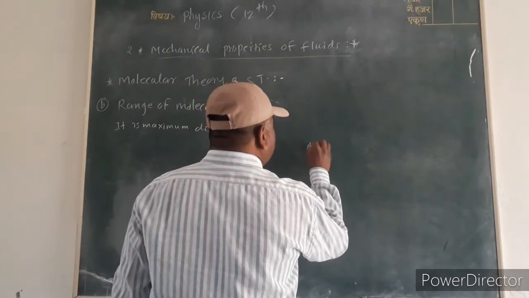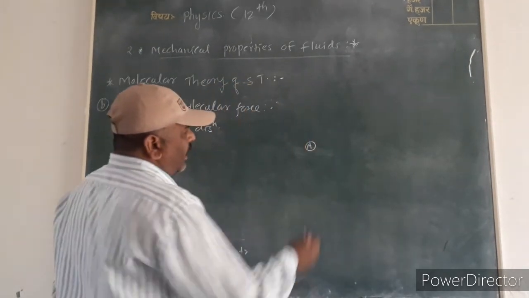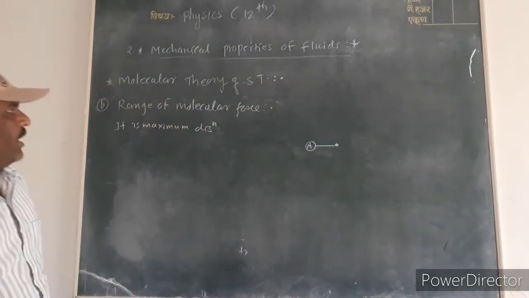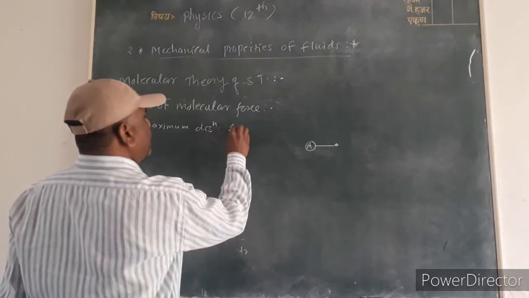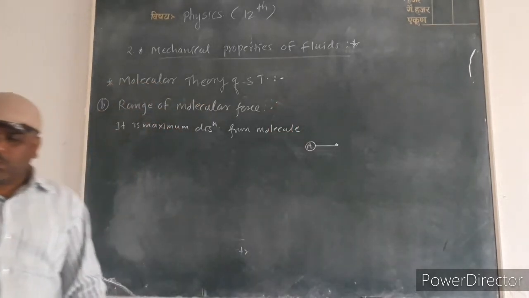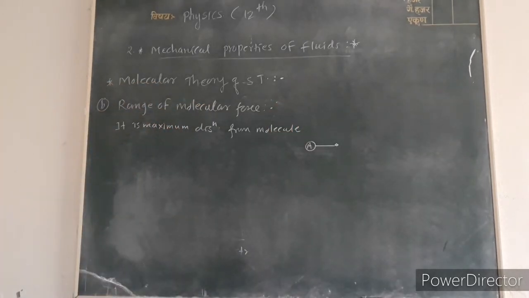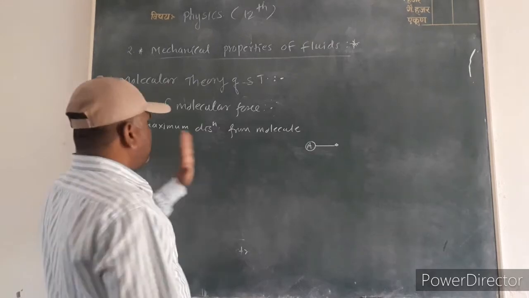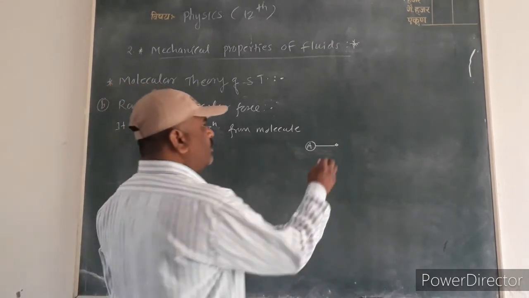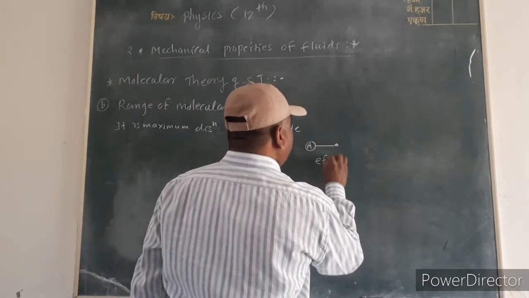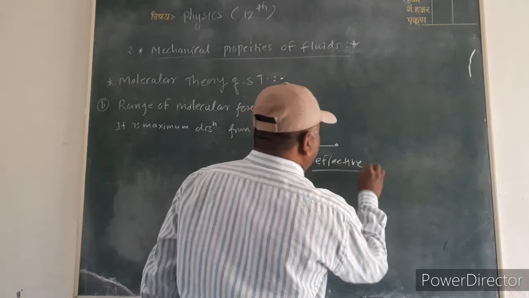Suppose this is molecule A and this is the maximum distance from that molecule A. It is the maximum distance from the molecule up to which the intermolecular force is effective.